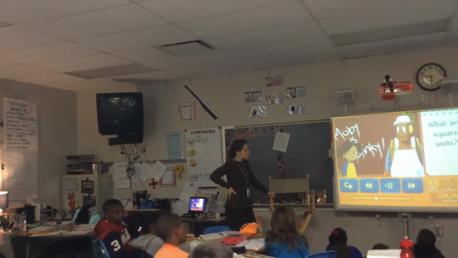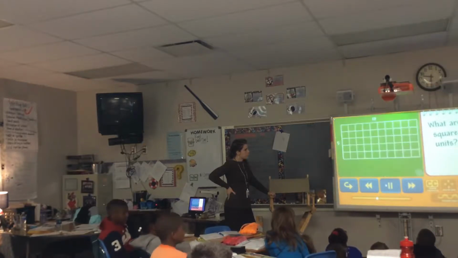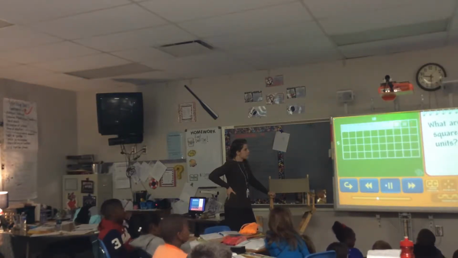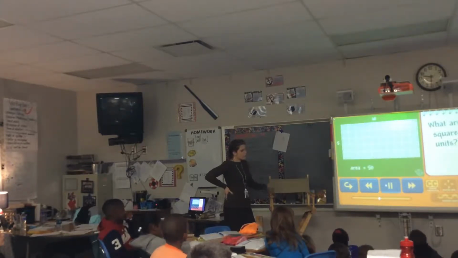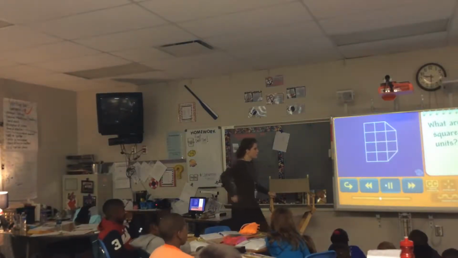Great, Moby. We can describe an area in square units. This rectangle is 10 squares wide and 5 squares tall. It has an area of 50 square units. What is the area of this shape?